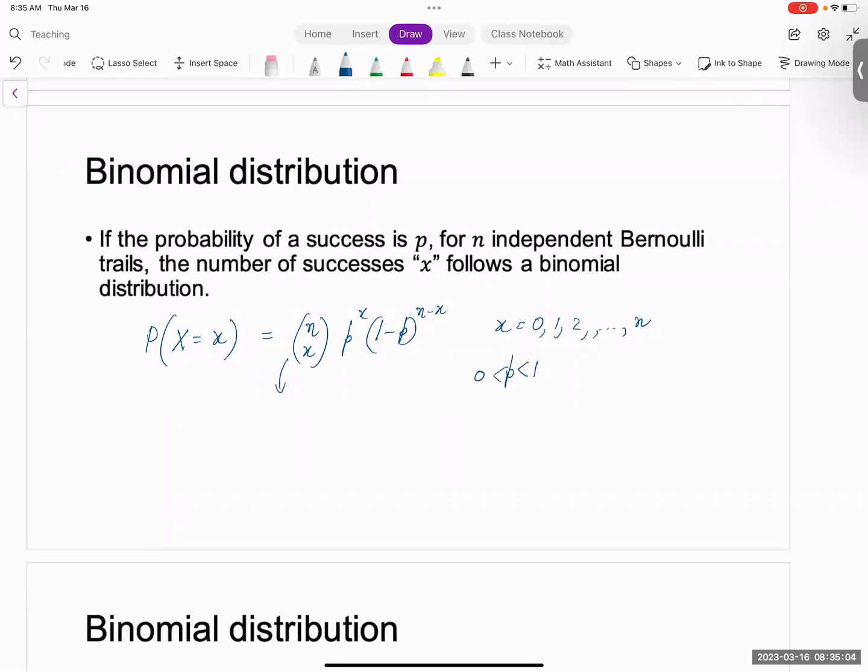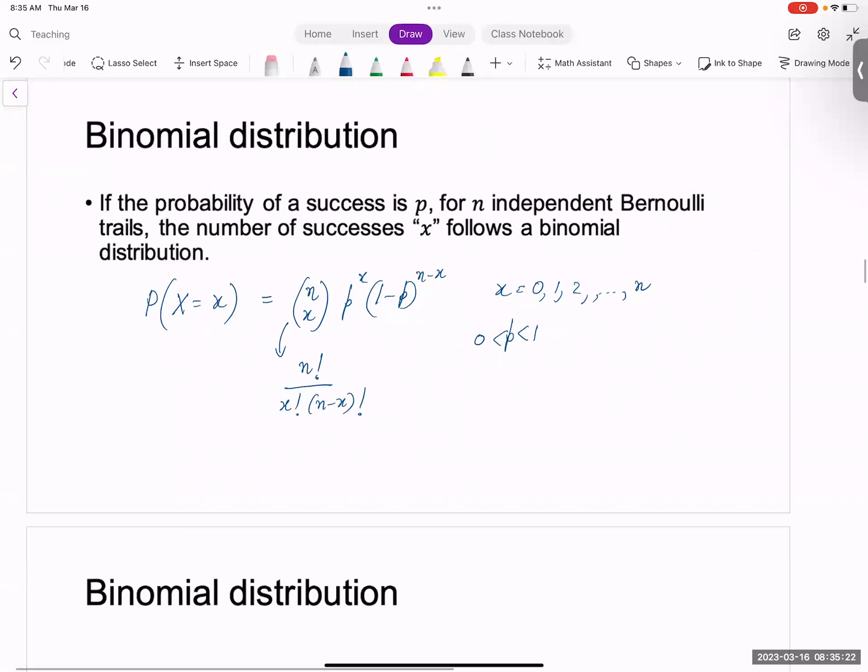This n choose x, if you're not familiar with it, is basically n factorial divided by x factorial times n minus x factorial. And really, if there's a problem based on the binomial distribution, you don't really have to use this formula. You can use your calculator and just do something as simple as binompdf, with arguments n, p, comma x. You're totally fine to use this on your calculator, completely fine.